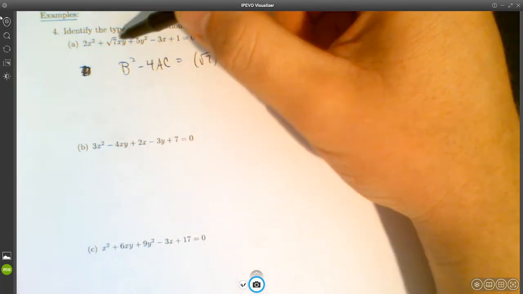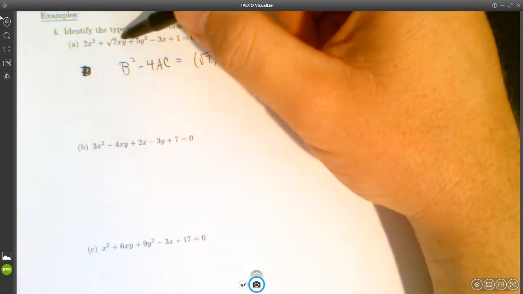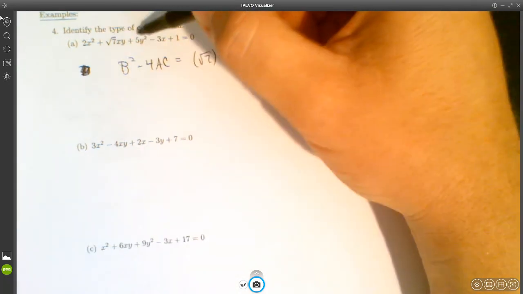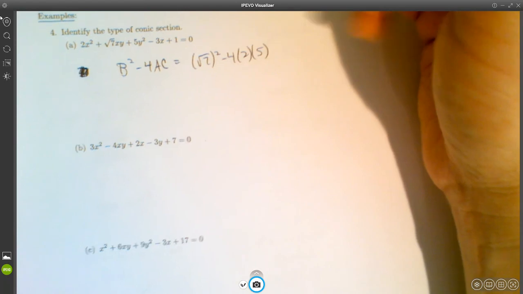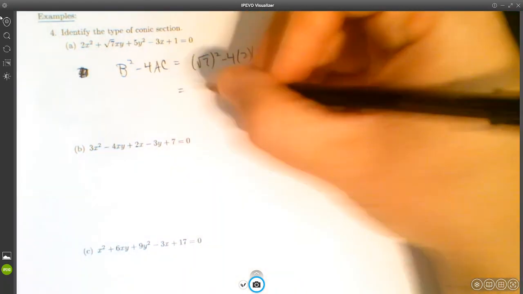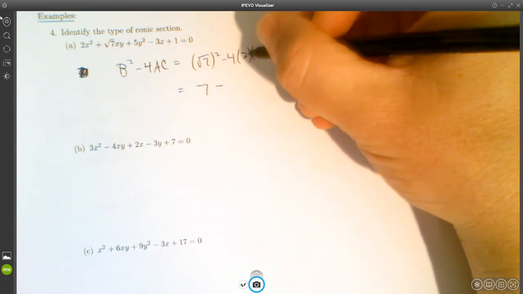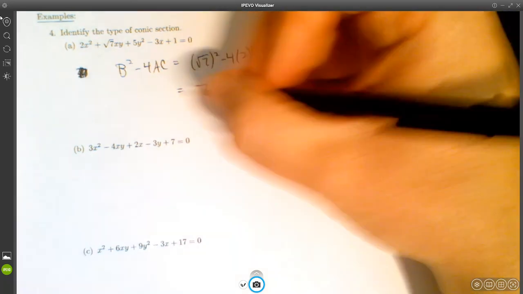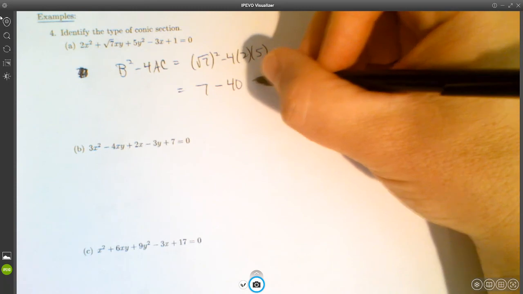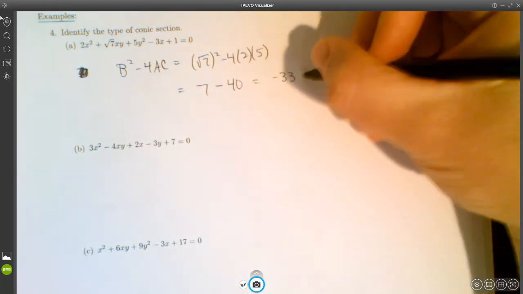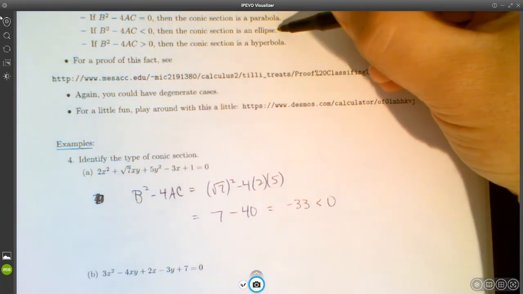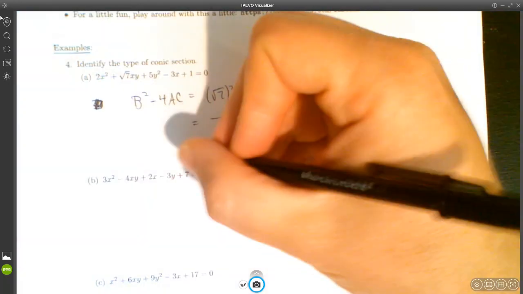Just be careful, right? b is the coefficient on your xy term, a is the coefficient on your x squared term, and c is the coefficient on your y squared term. So in this case we get 7 minus 20 times 2, minus 40. This is a negative number. It doesn't even matter really what the answer is. You know that it's negative. And when your discriminant is negative, you've got an ellipse. So this must be an ellipse.